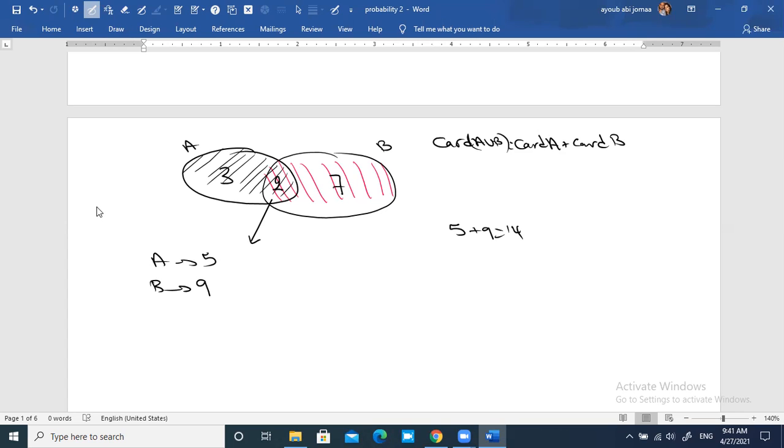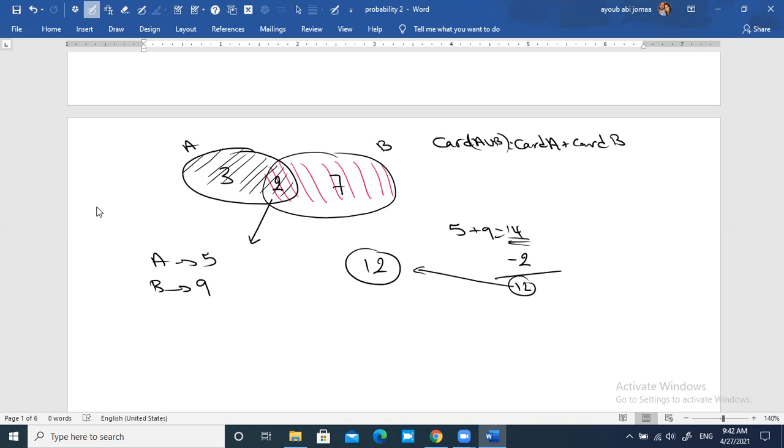But if you count the elements here, you'll get 3, 2 and 7. The answer is 12, not 14. Why? Because this 2 is being counted twice, once with A and once with B. So for that reason you have to subtract it. 14 minus 2 is 12, the same answer.